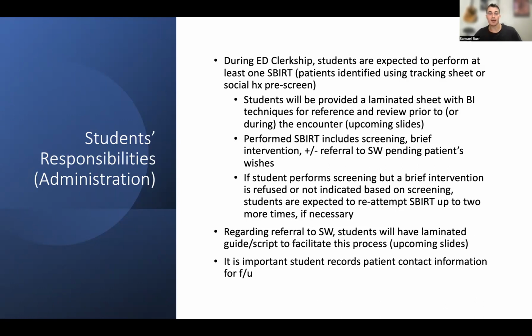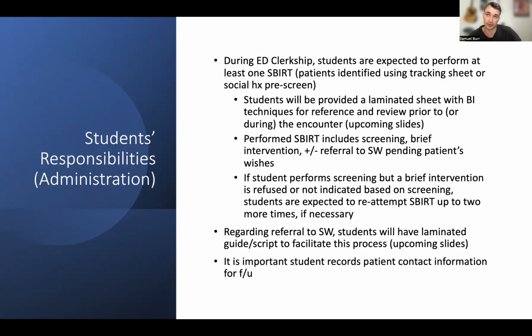Let's see. So with regard to the referral to social work, if patients are interested in discussing resources with social work as a result of the brief intervention, well, I'll get to that in a second. Just as an aside, I'm going to provide students with a packet that has resources they can rely on as they're preparing for and engaged in this SBIRT process.